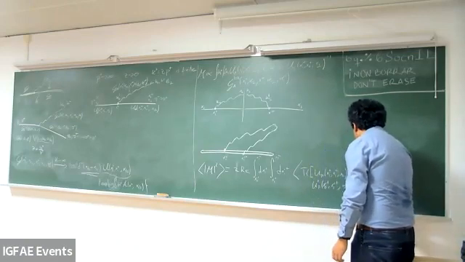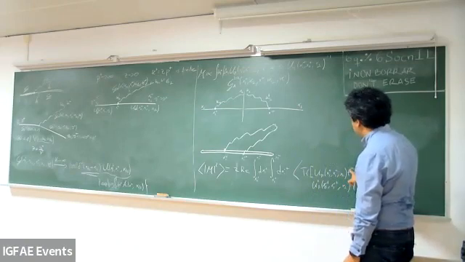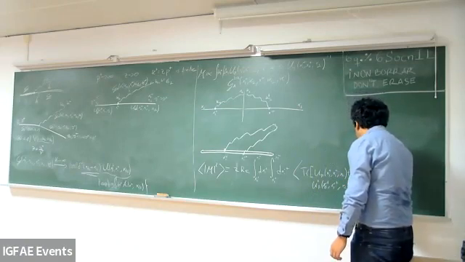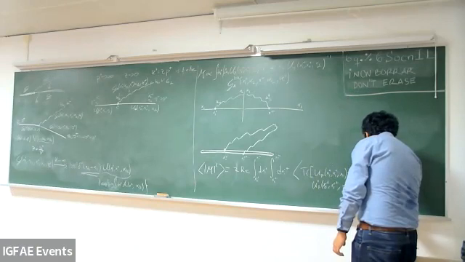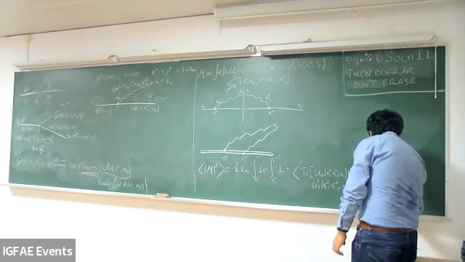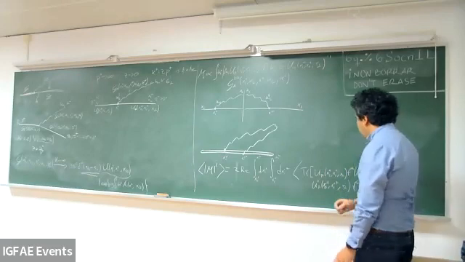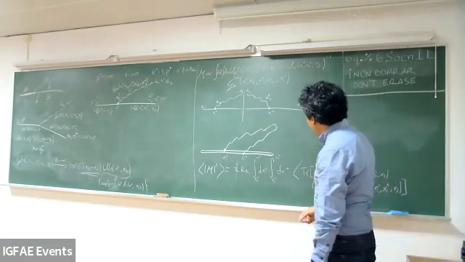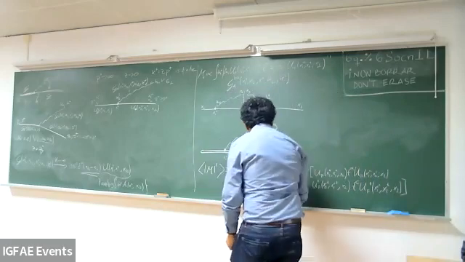Now I have a T. I cannot use this A, it's a dummy index, so I have to use a different one. And on top of that, I need to put the gluon propagator.